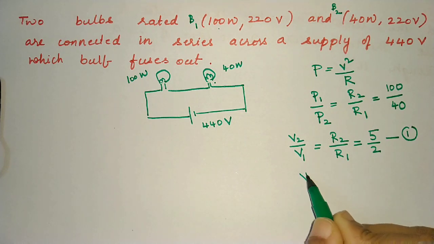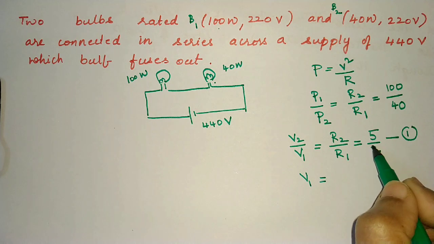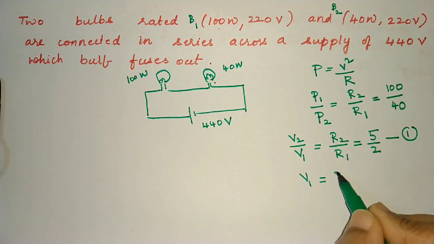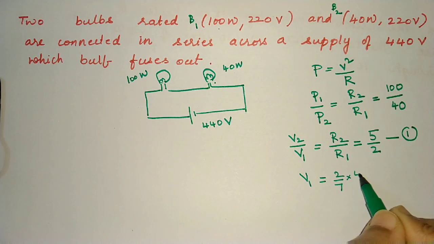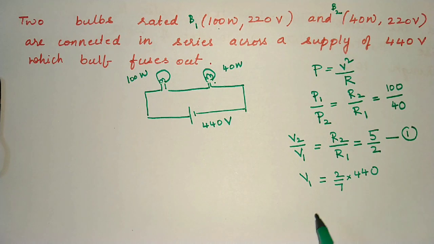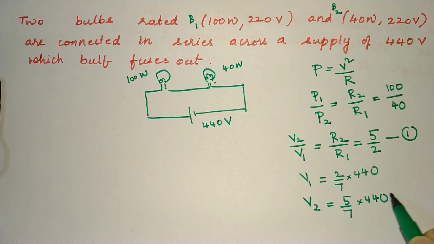Now tell me what is the voltage across the first bulb? It is getting 2 parts out of 7, so 2 by 7 times 440. Similarly, voltage across second bulb, it is getting 5 parts out of 7, 5 by 7 times 440.